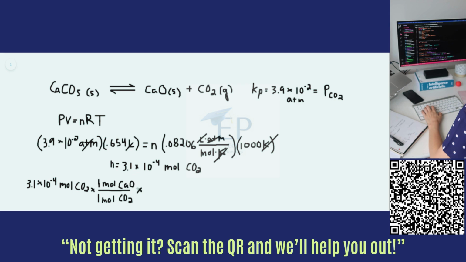And then we can multiply it by the molar mass, 1 mole of CaO equal to 56.08 grams of CaO.